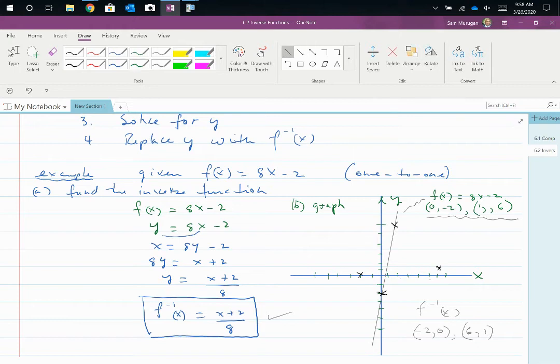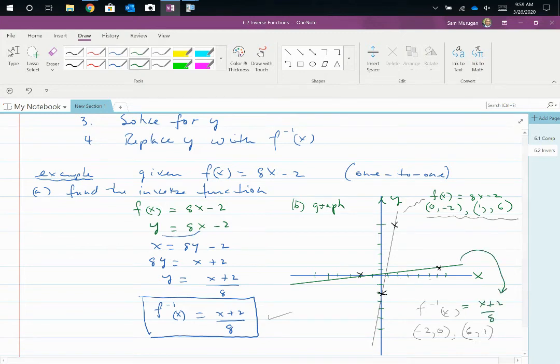So here we go with this line tool again. Okay, and this is the graph of f inverse of x equal to x plus 2 over 8.